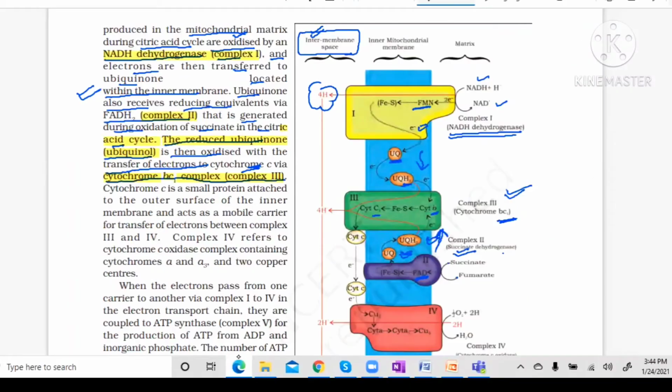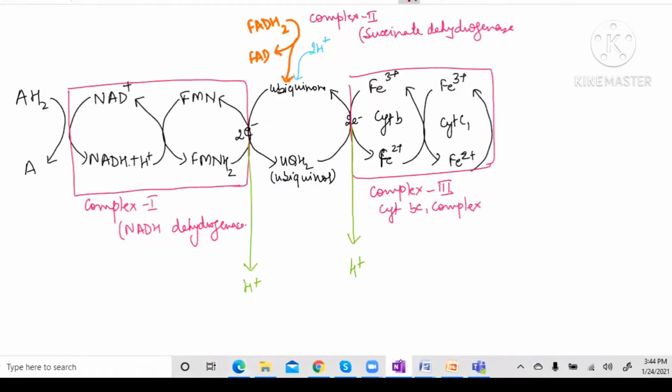Electron is going here and they are removing the proton. The proton is removed from complex 1, proton is removed from complex 3, and electrons are transferred from BC1. Now see the diagram carefully. Now see the next step.